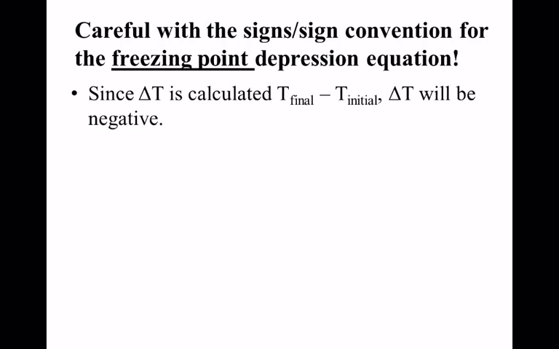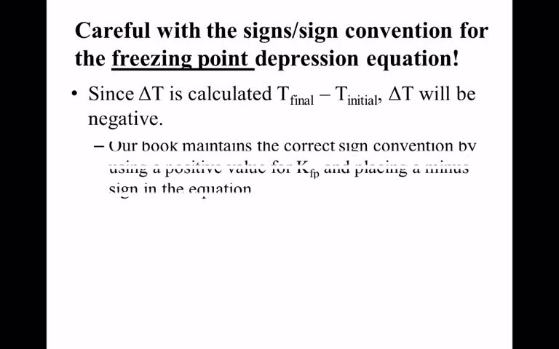So the thing about those Ks, those were all positive, which is the way I think it should be. Your delta T's, remember, for your boiling point elevation are going to be positive. Your delta T's for freezing point depression will be negative.